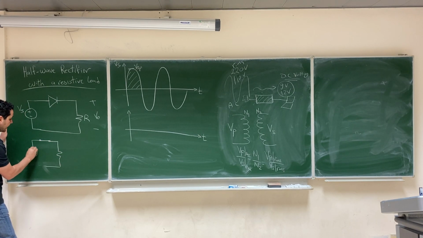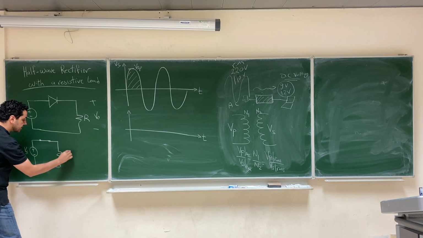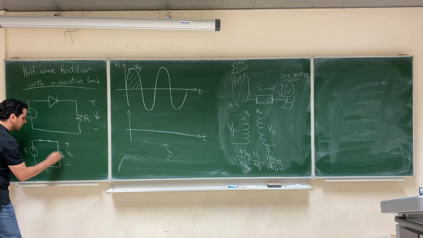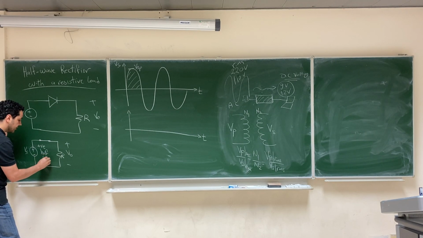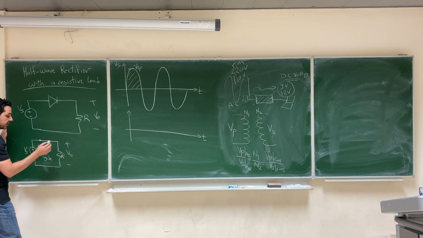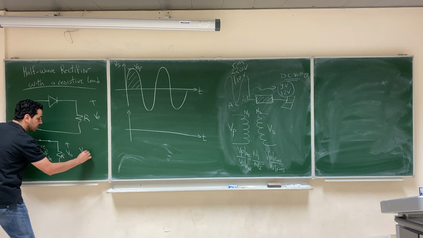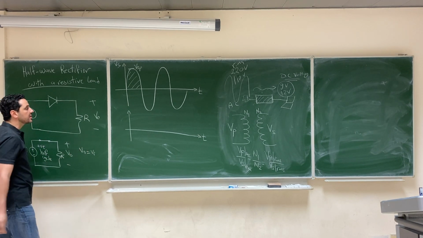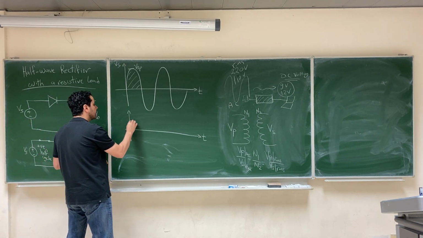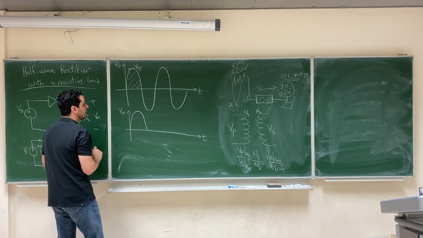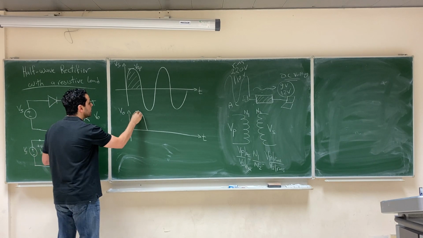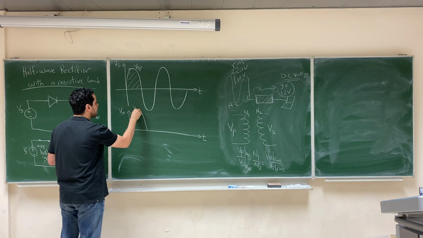So the circuit basically will look like this. This is Vs, this is V output, this is your load. So the diode is on in the positive half cycle, and V output will be equal to V input. Again, the amplitude will be Vsp.